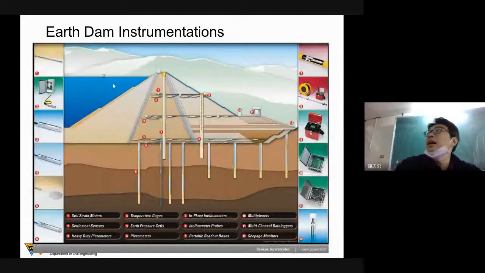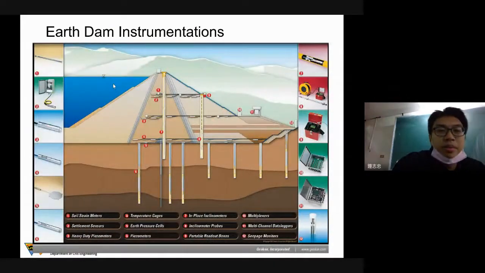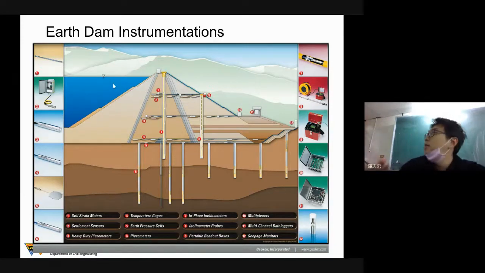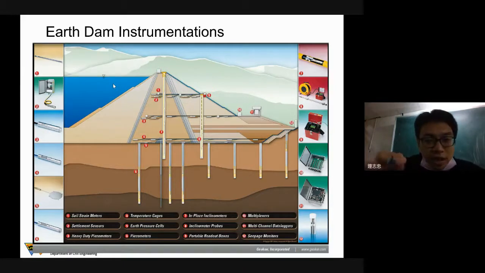So I think this is the example to show the typical sensors and the typical areas or locations we try to put in the earth dam. Maybe it is not so easy to see, but you can find it in your lecture.